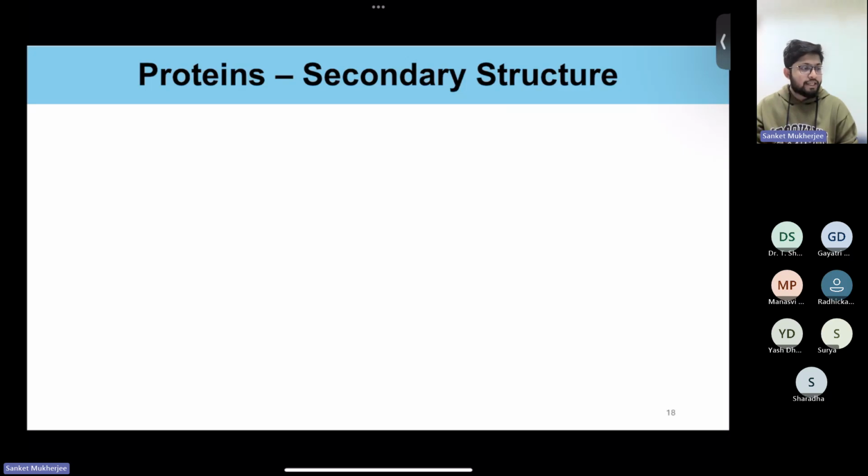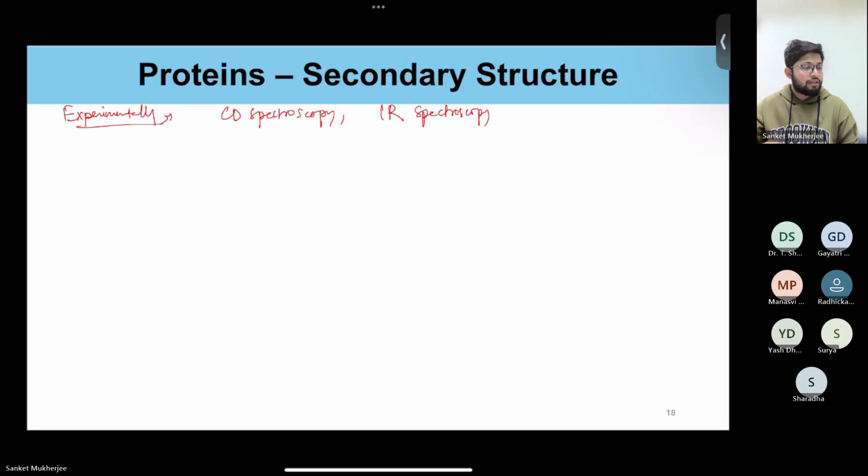Now, talking about secondary structure, secondary structures can be experimentally verified using two methods, either CD spectroscopy or infrared spectroscopy.